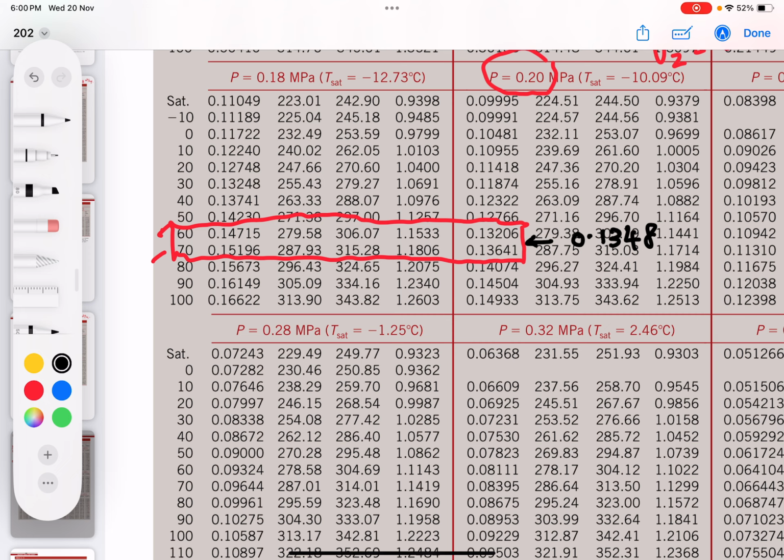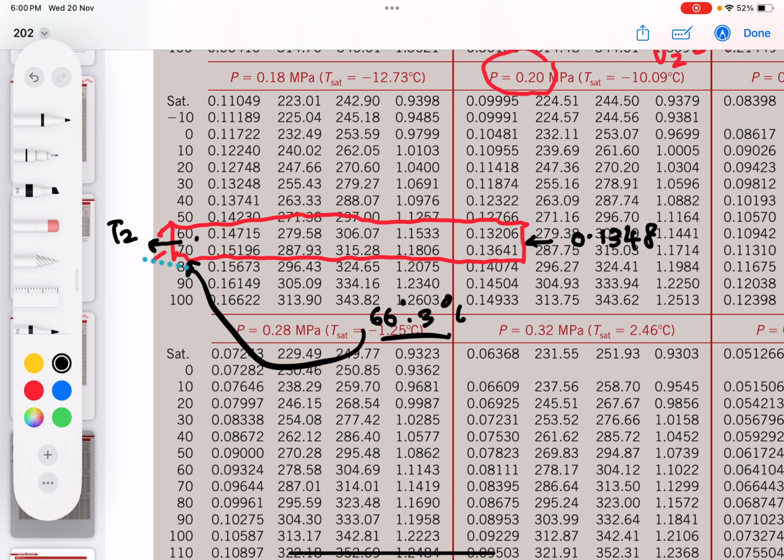So this is my value, but then I have to determine the temperature, T2. The temperature should be in between 60 and 70, because I'm looking for temperatures. So once I calculate it and got the value of 66.3 degrees Celsius, which is correct because the value should be in between 60 and 70.